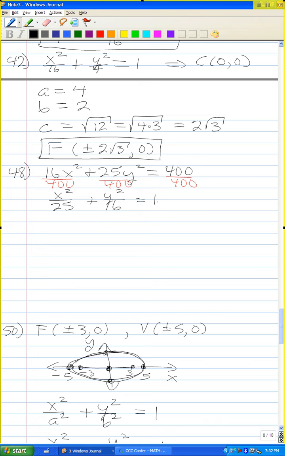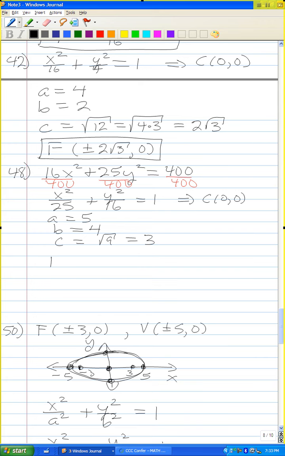And so, the center is at the origin. A is equal to 5. B is equal to 4. Square root of 25 is 5. Square root of 16 is 4. 25 minus 16 is 9. The square root of 9 is 3.